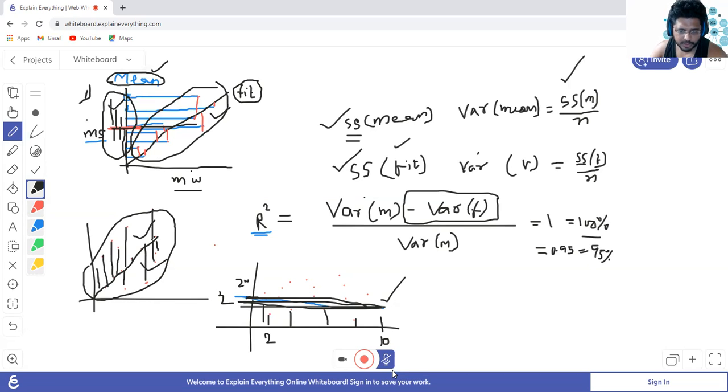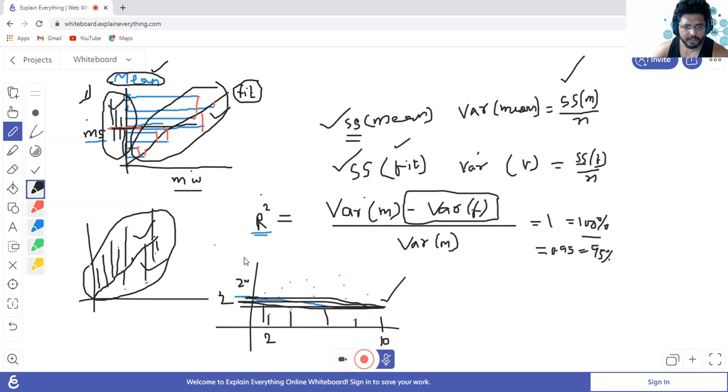Okay, so the two extremes are that when your fit line passes through all the points, then your R square is 100%. That is the best fit, and you have the best confidence.